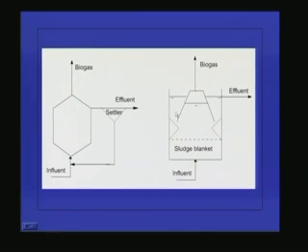A portion of the reactor itself acts as a settling or sedimentation zone. So with respect to time, the biomass concentration in the reactor will be very high, and we get high treatment efficiency within a short contact period.